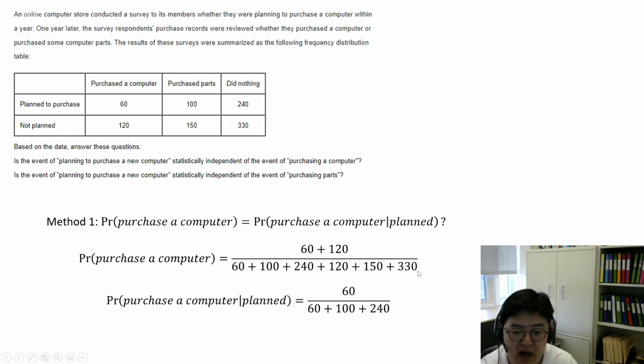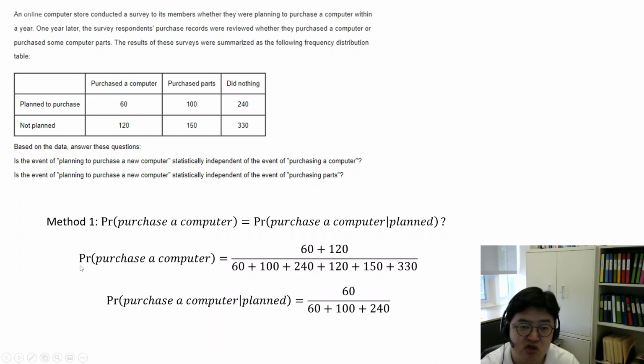Out of the total sample size, the numerator includes these two types, right? Only 60 plus 120 customers purchased the computer, right? That's in the numerator. That's the unconditional probability.